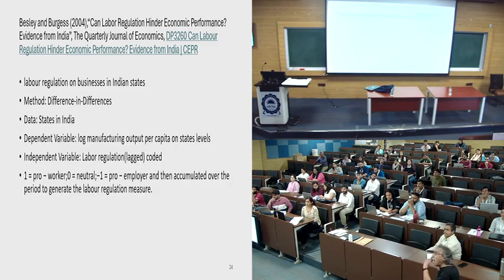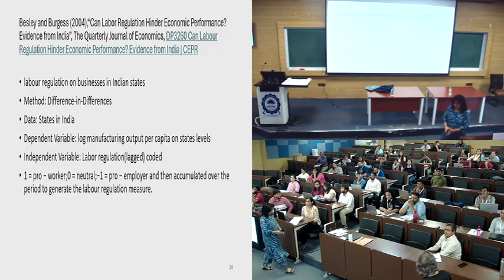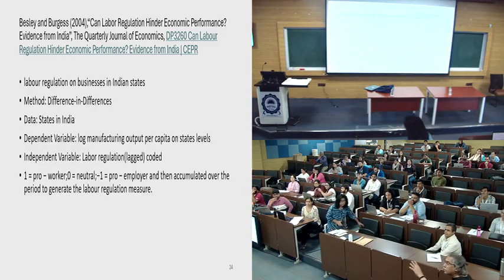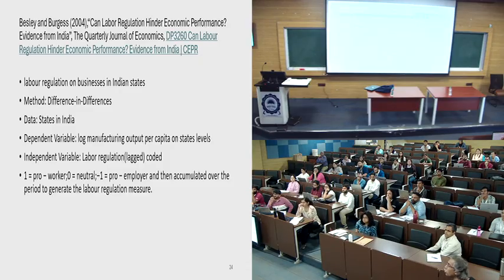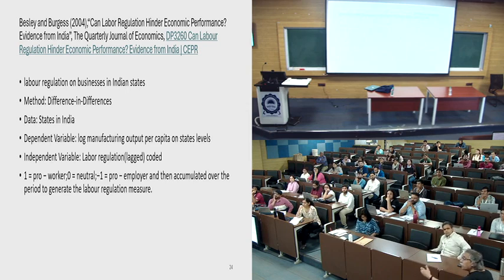Okay, and the method was difference in difference. The data is states in India. The dependent variable was log manufacturing output per capita at the state level, and the independent variable is labor regulation, but they have used lagged labor regulation, right? And they have coded it. How have they coded it?